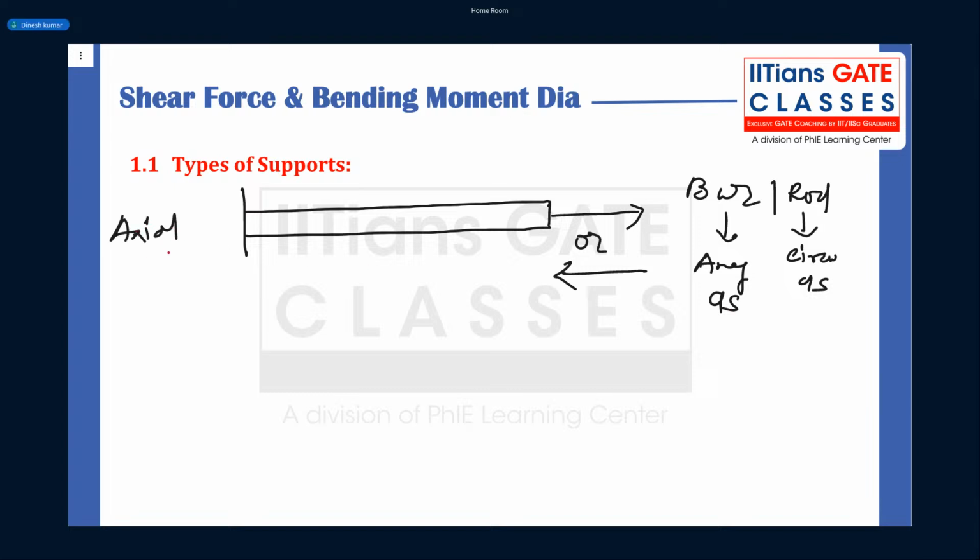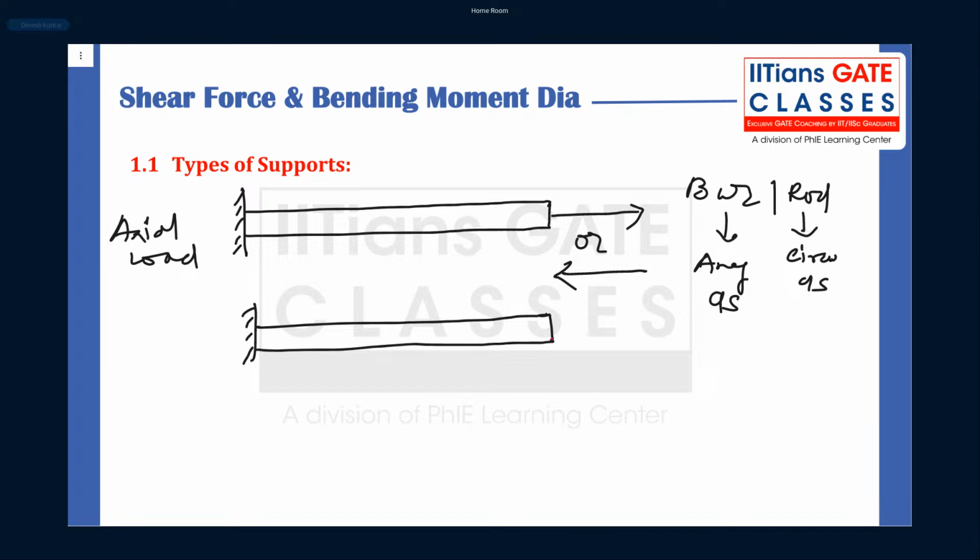Now, guys, this slender structure is known as shaft if you have torsional load. Now guys, tell me, torsional loads are applied about which axis? Can anybody tell?